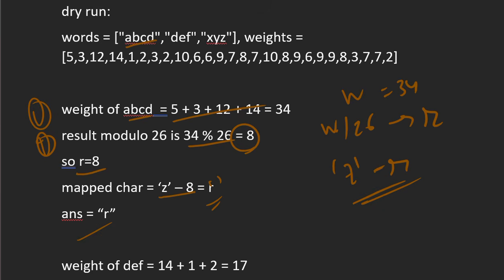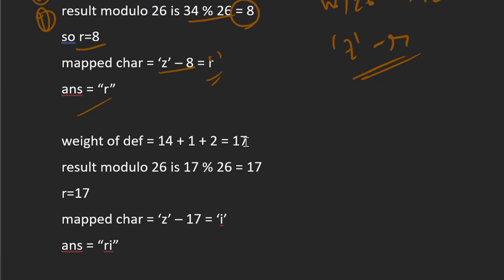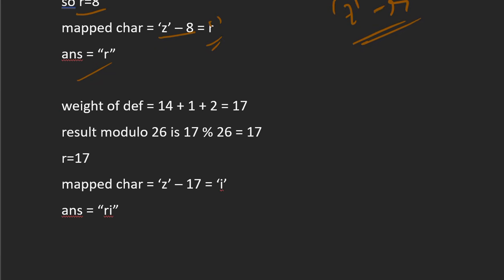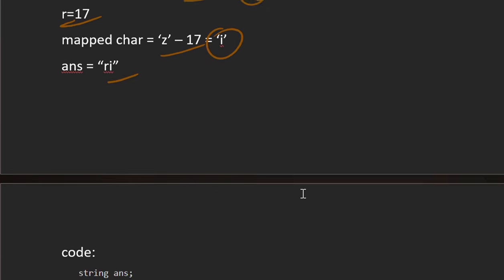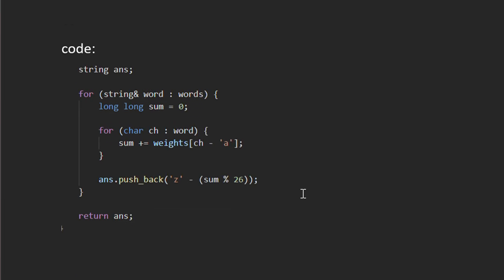So we get our first character r. Then the next string is def. The weight of def is 17, 17 modulo 26 is the same 17, so r is equal to 17. Our mapped character is i, so our answer is ri. This way we do it for all the strings, and at the end we get our answer string and return it.